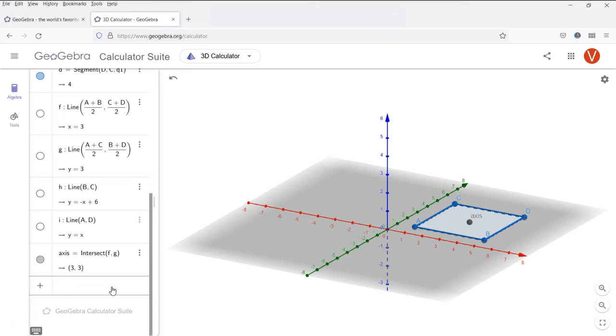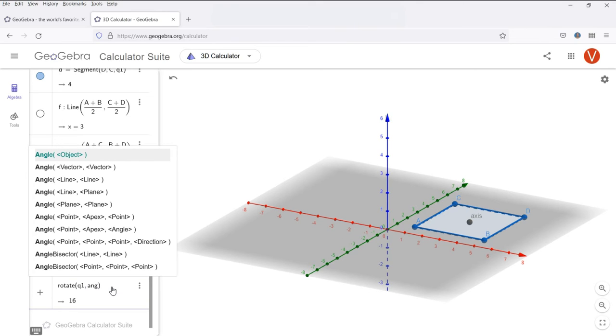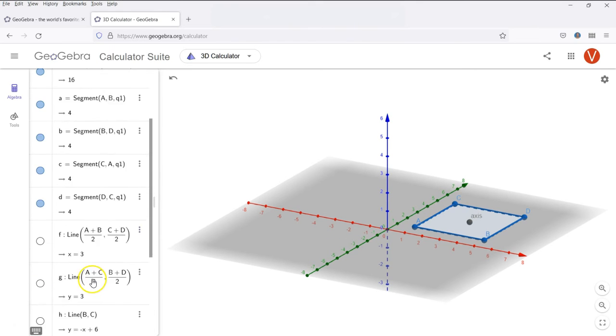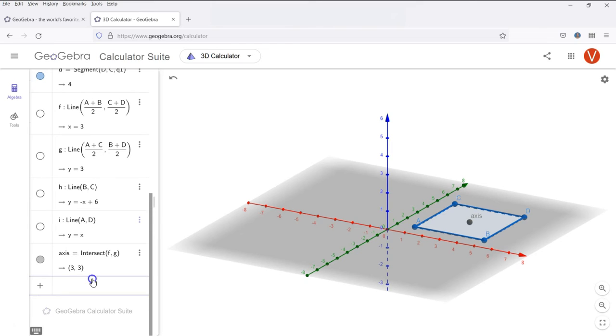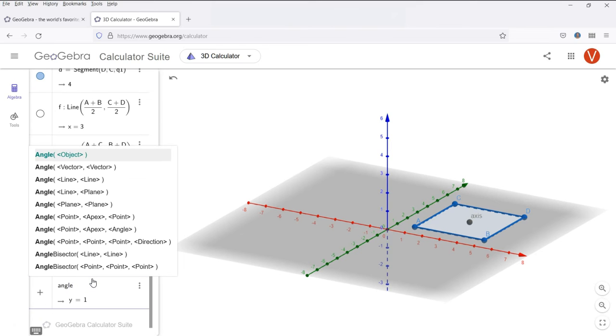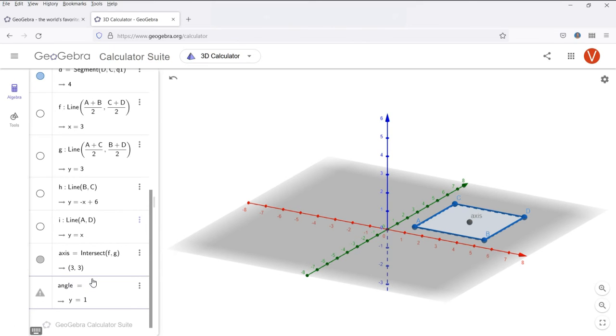Okay. Now let's rotate it. Rotate what? Q1 by an angle. Have we specified the angle? No, I have to specify an angle. So angle is equal to slider from 0 to 2 pi, and interval should be pi by 20.